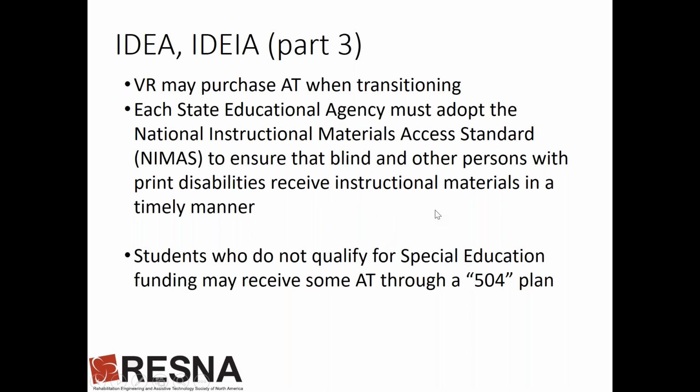So we're seeing a lot more resources pop up for the transition age. The other part of the idea is that each state education agency must adopt the National Instructional Materials Access Standard to ensure blind and other persons with print disabilities receive instructional materials in a timely manner. You know how you were talking about the Tech Act earlier? Every state has a Technology Act.